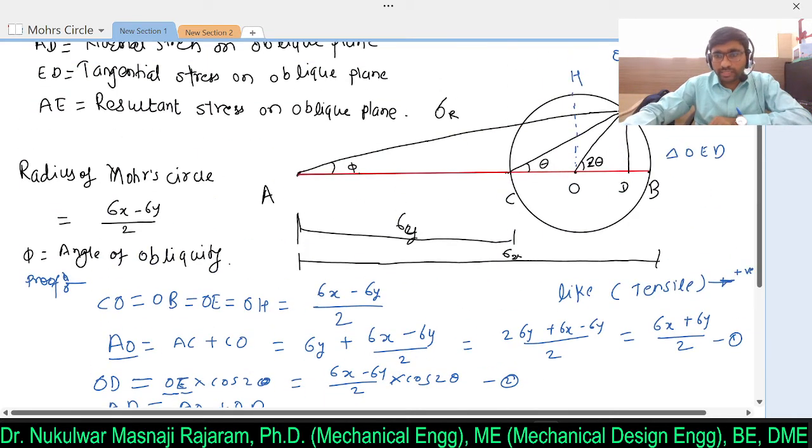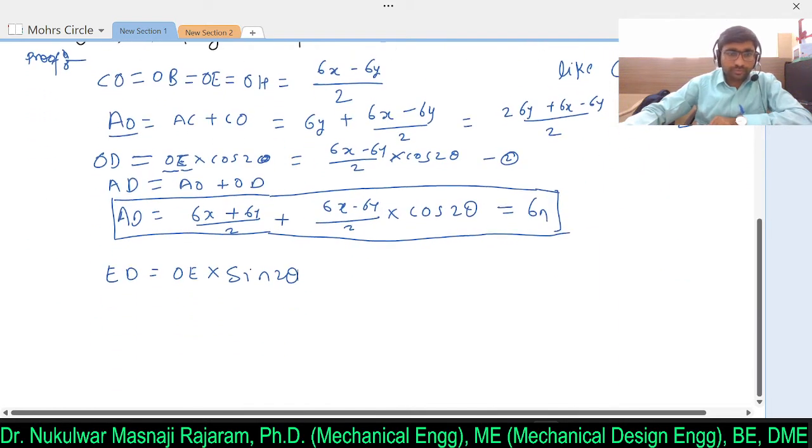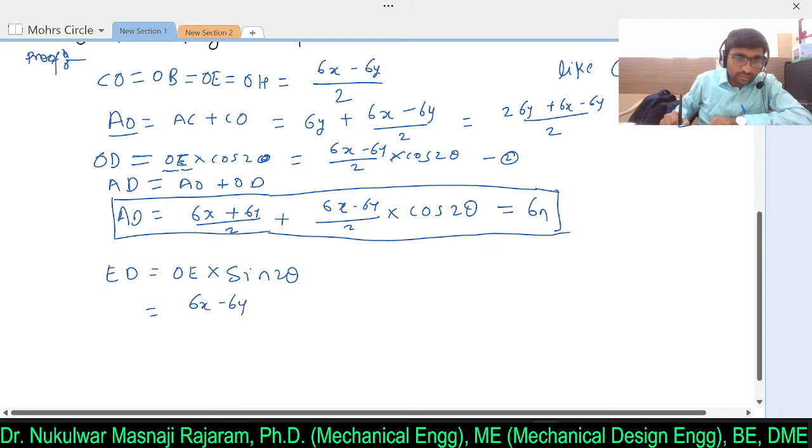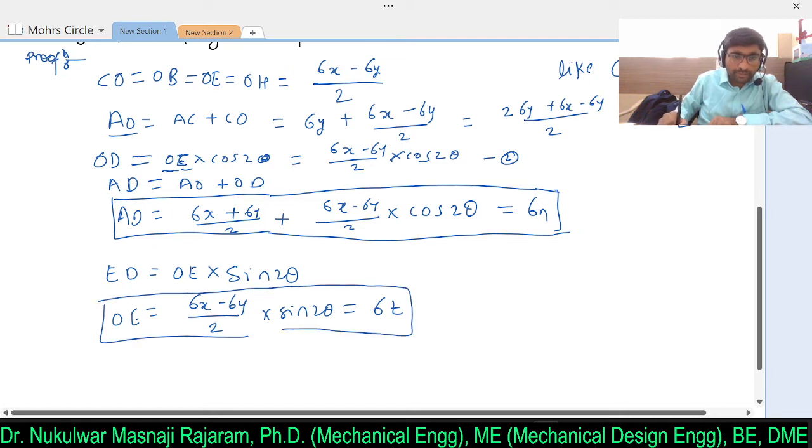Again from this triangle, sine of 2 theta equals ED divided by OE. What is OE? OE is nothing but the radius of the circle. So sigma x minus sigma y divided by 2 into sine of 2 theta. This equation is nothing but sigma t, that is the tangential stress acting on an oblique plane.